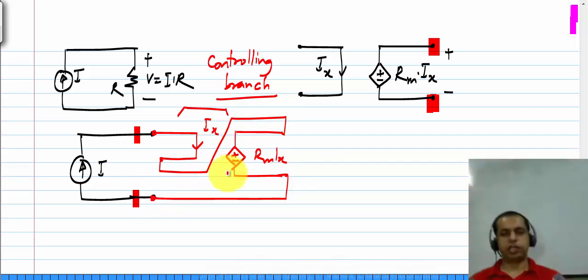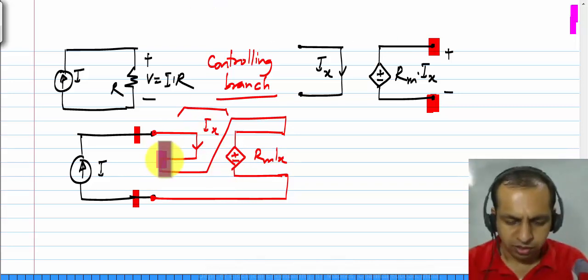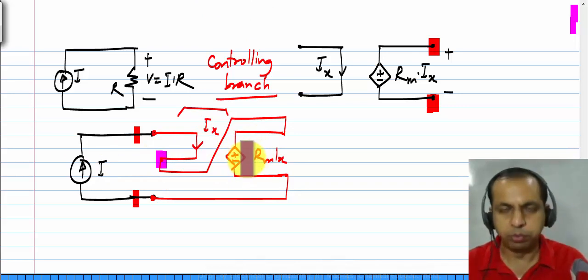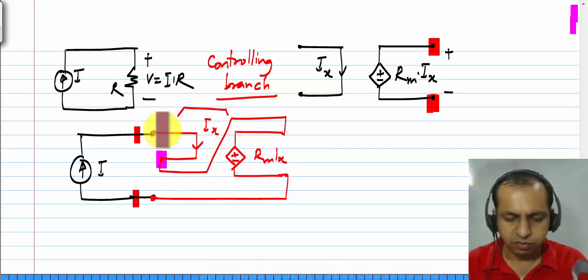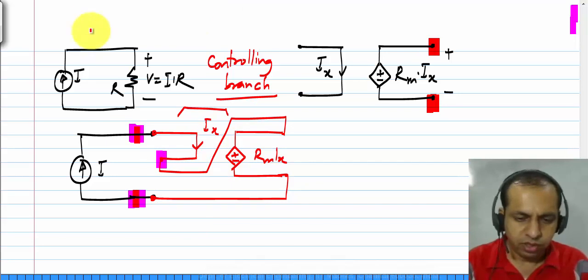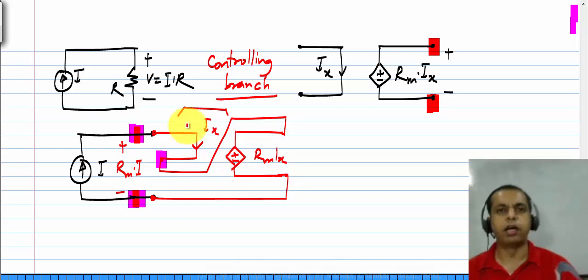Now, this schematic looks unnecessarily complicated, but that shows the thought process, right? I sense the current and then I have this voltage which is proportional to the current. So, I place it in series with this branch which is a short circuit, so that across these two terminals, now I have a voltage which is Rm times Ix, which is equal to I.